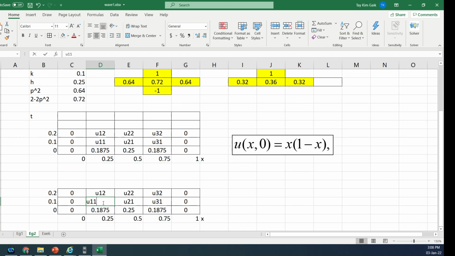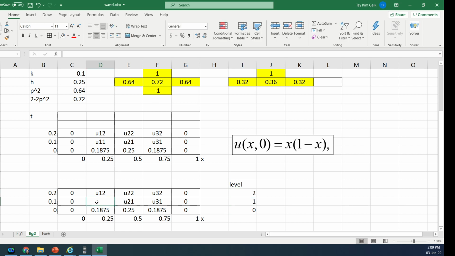Same as just now, equal to, for level 1, and this is level 0 from the initial condition, level 1 from the 2 level molecule, level 2 from the 3 level molecule.